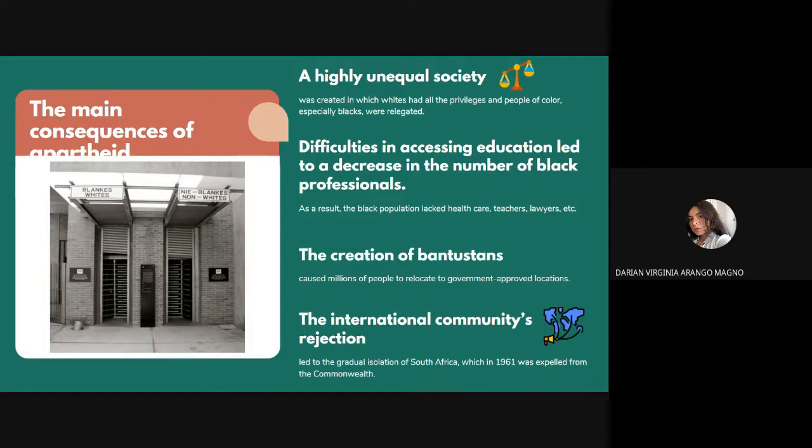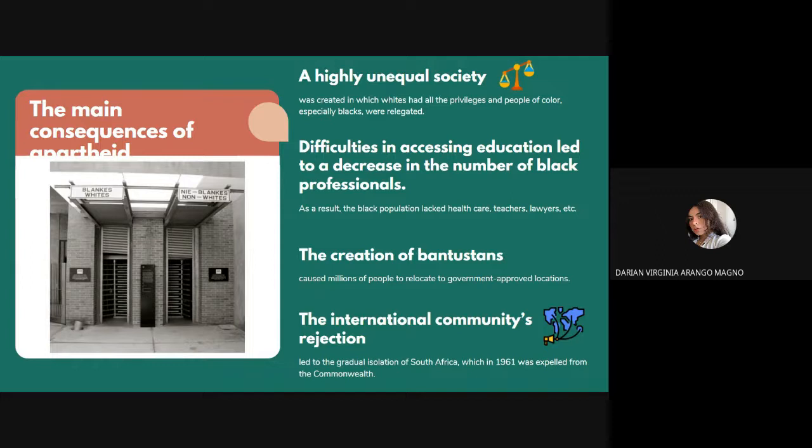And then the fourth, the relegation by the international community led to the gradual isolation of South Africa, which was expelled from the Commonwealth in 1961, and some countries, such as Canada, banned their companies from doing business in South Africa.